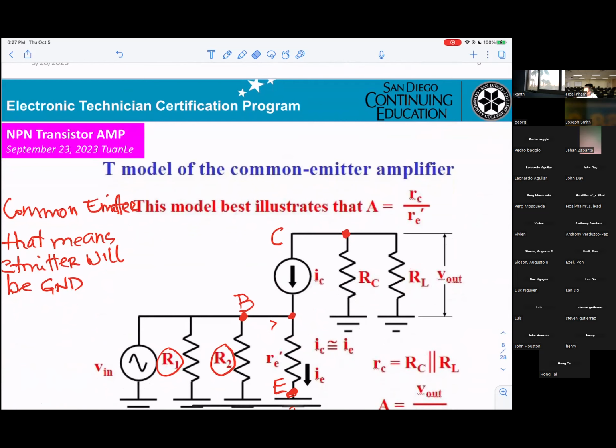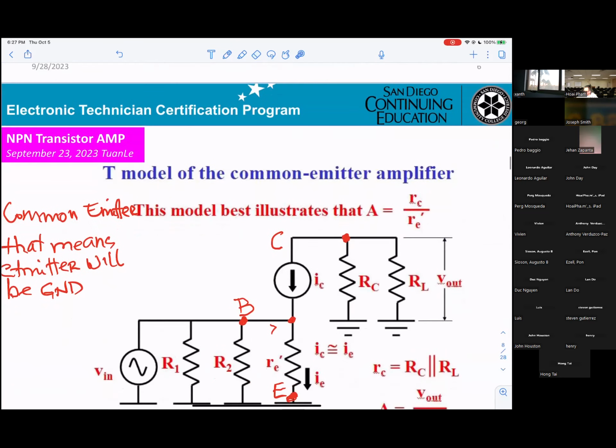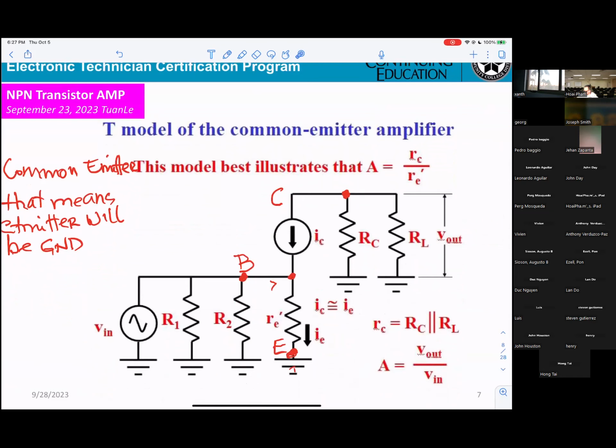That's why I try to give you this circuitry, and we go to the next one. Now you understand why R1, R2 in parallel, RC and RL in parallel.